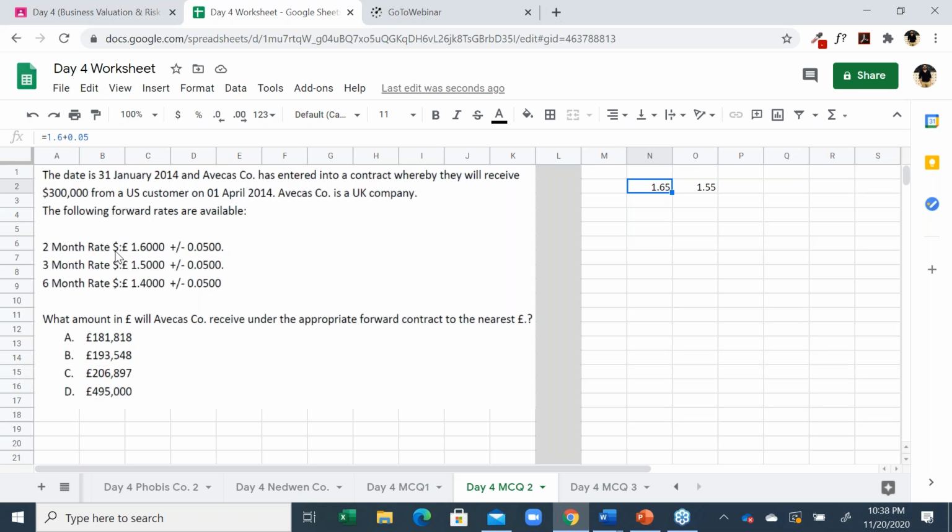After dividing, we will get the sterling amount, which should be less because the bank is going to pay us less. So we should divide it by the higher value. So we should not use this one. The amount is $300,000, and we should divide it by 1.65.